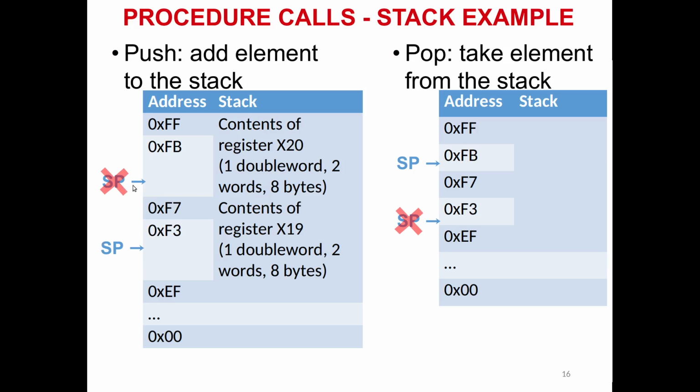Why do you need to reduce the stack pointer value by 8? It is because your register is a double word, or 8 bytes of data, and so you need to reduce by 8 bytes because in your memory, data is counted by byte.